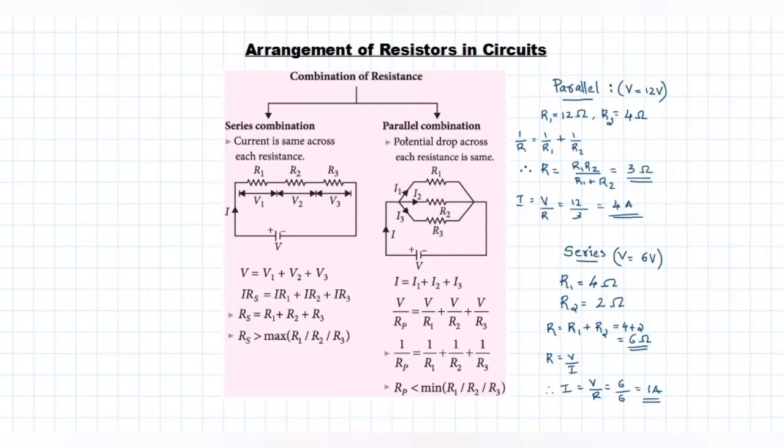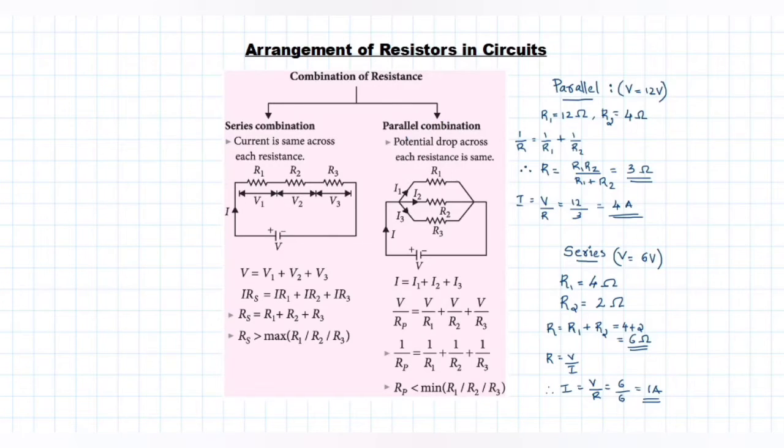So here the potential drop is the same. So we can remove this V and rewrite this equation as 1 by RP is equal to 1 by R1 plus 1 by R2 plus 1 by R3. So the effective resistance in parallel combination, that is RP, can be calculated.